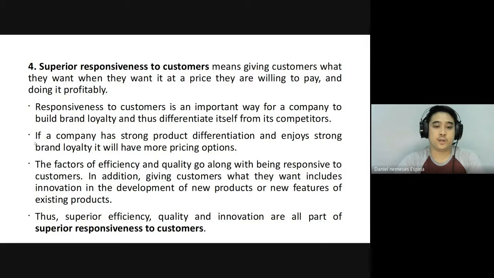The greatest brand is when the brand becomes already a word. For example, when we talk about photocopy, a lot of people will say magpa-Xerox, when Xerox is actually a brand of a photocopier. If you say magpa-Kodak, it refers to photography, but Kodak is actually a brand name.